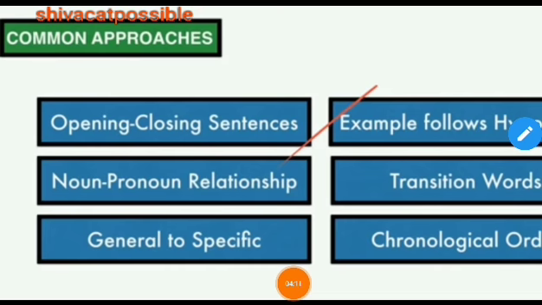Okay, here once again we can see the common approaches. It is similar in approach, but there are opening and closing sentences, noun-pronoun relation, transition words, chronological order, general to specific form, example follows hypothesis, and transition words between the sentences of a jumbled paragraph.